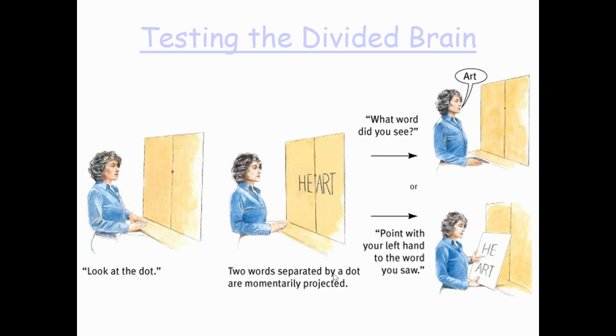But whatever she sees on the left, her left eye is controlled by the right side of her brain. And the right side of her brain does not have a Broca's area. So she can't speak about the word he, but she could take her left hand and point to it. Crazy stuff.